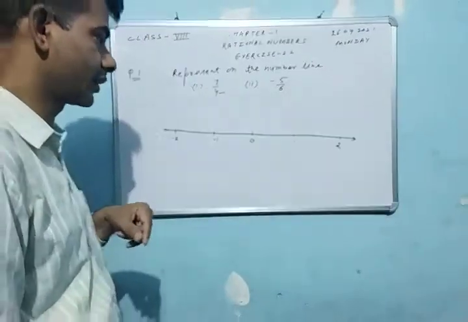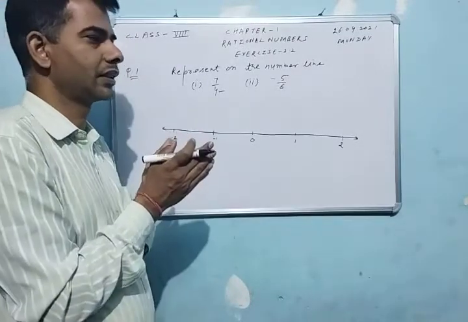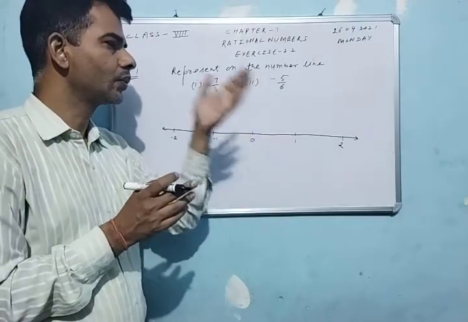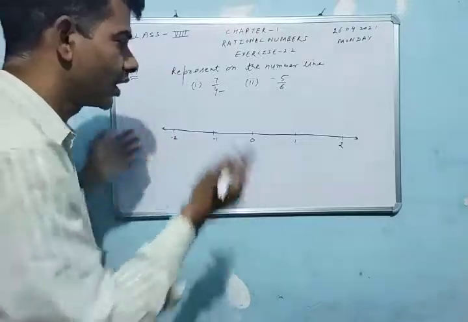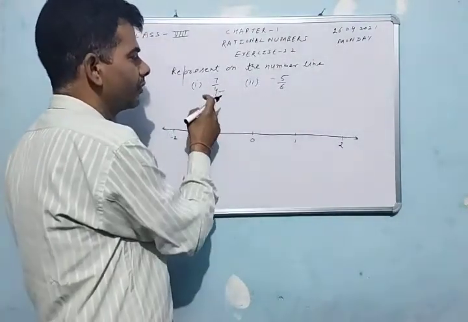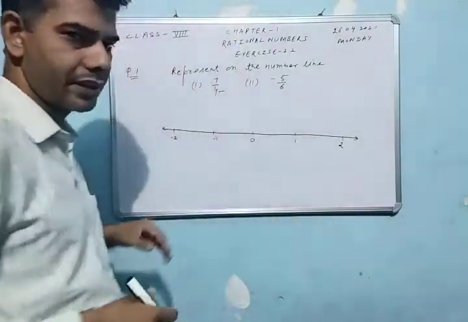Students, it depends on the denominator. If the denominator is 4, we divide 0 to 1 into 4 equal parts. If the denominator is 3, we divide it into 3 equal parts. If the denominator is 2, we divide it into 2 equal parts.